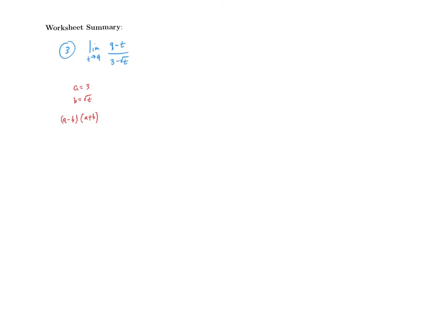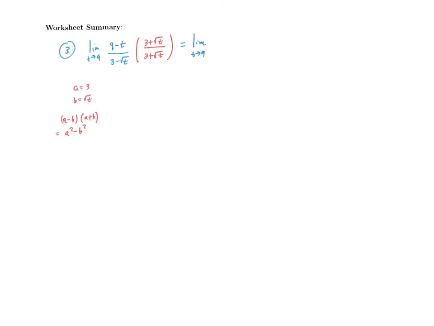The reason this becomes nice algebraically is that it's a difference of squares. So it's kind of a reminder. I'm going to multiply this by 3 plus square root of t over 3 plus square root of t. So we haven't changed anything. We've simply multiplied by 1.